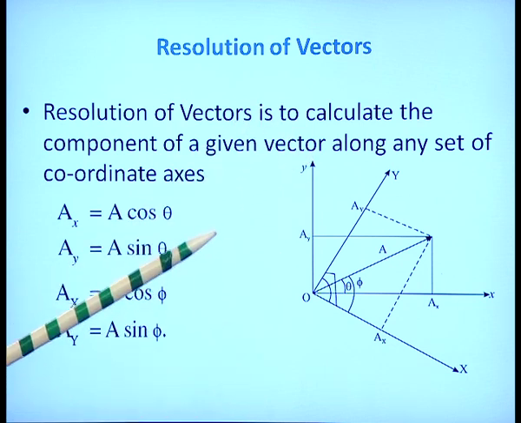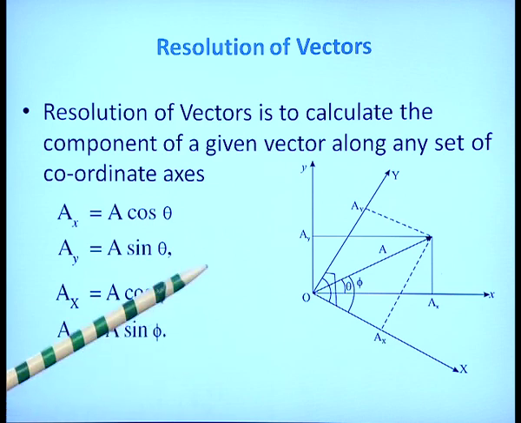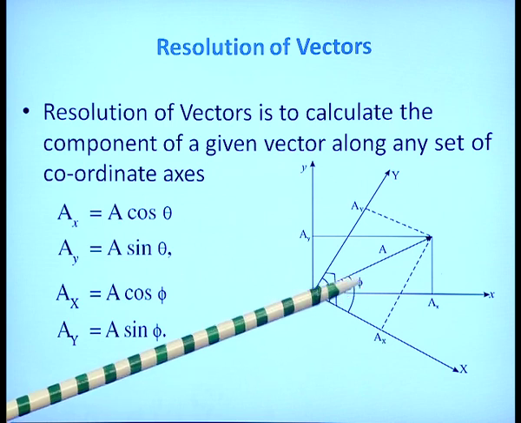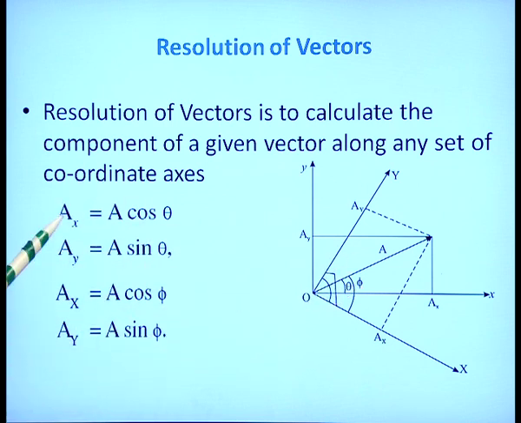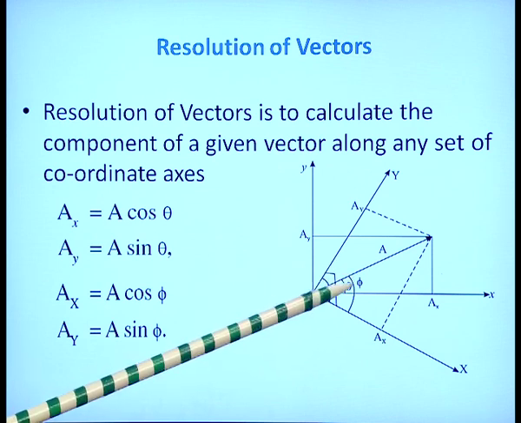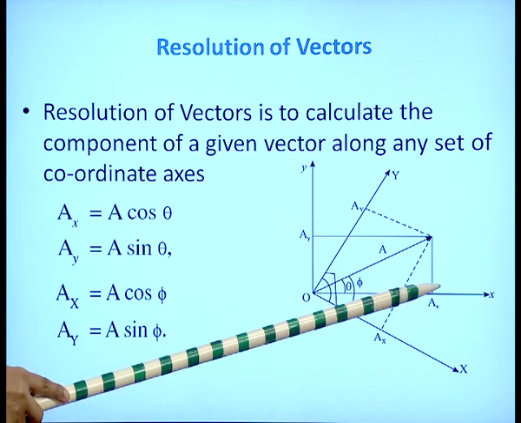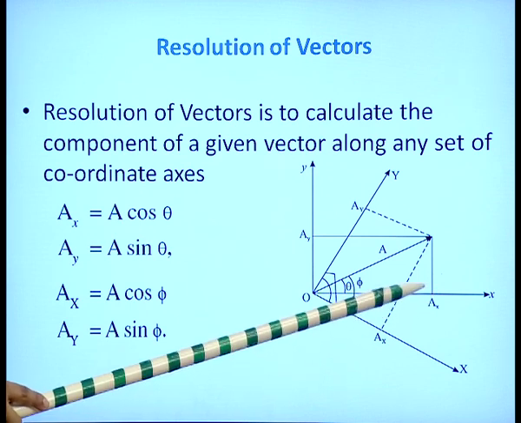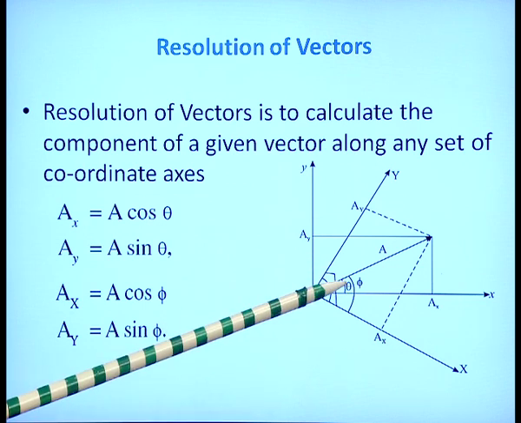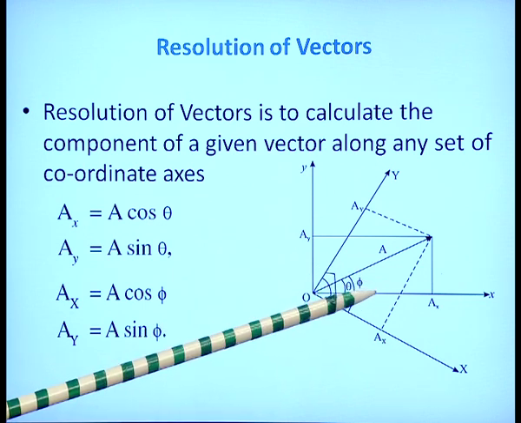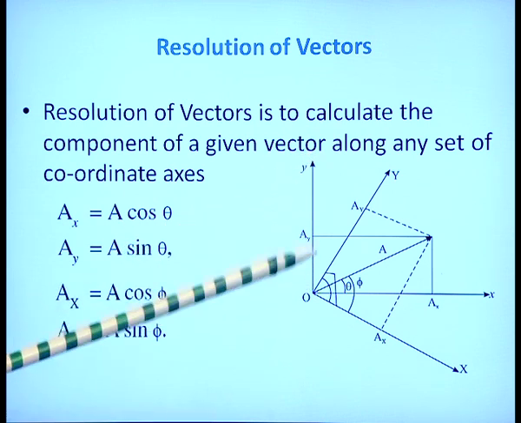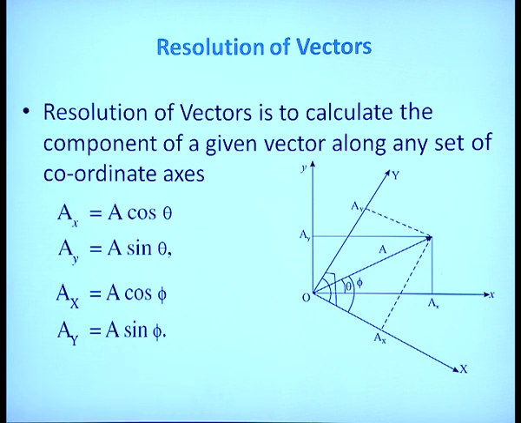So, we can find out the components of vector A in this coordinate system as Ax, that is the x component of vector A, or the component of vector A along x axis, which is equal to A cos theta, where theta is the angle between vector A and the x axis, and Ay, that is the component of vector A along y axis, as A sin theta.